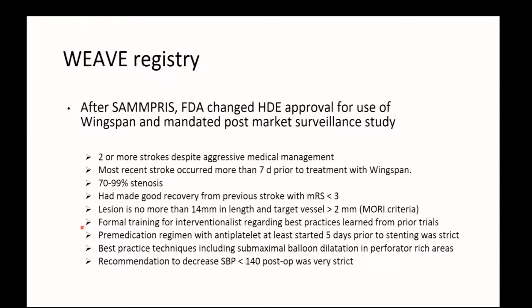They provided formal training for the interventionalists regarding the best practices learned from the Sampras trial, and premedication with dual antiplatelets. They were very strict about starting these patients on dual antiplatelets at least 5 days prior to the procedure. And they used best practice technique with submaximal balloon dilation in the perforator-rich areas.